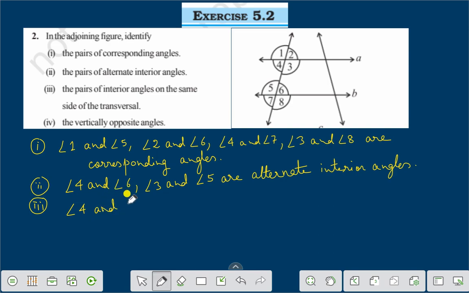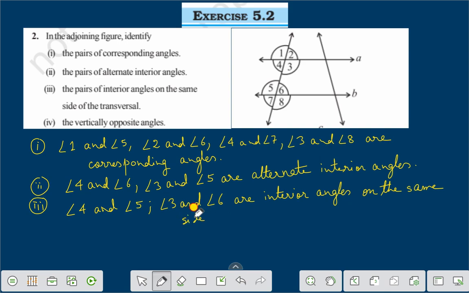Angle 4 and angle 5, angle 3 and angle 6 are interior angles on the same side of the transversal.